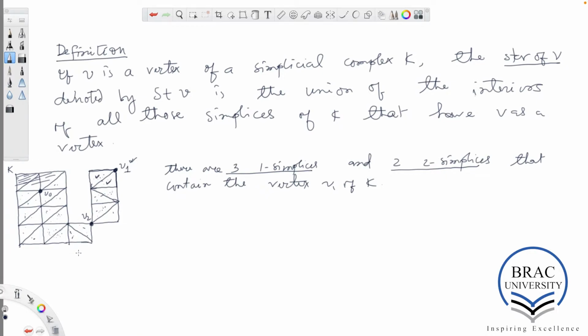Now, the closure of star of v. Star of v is an open set.